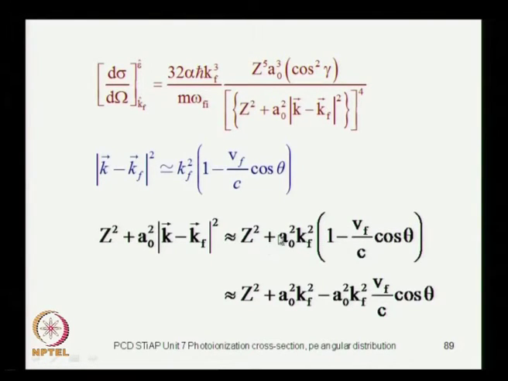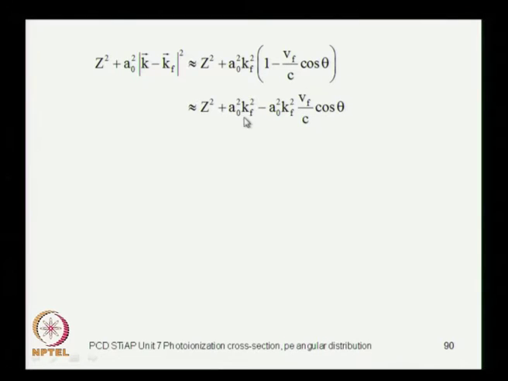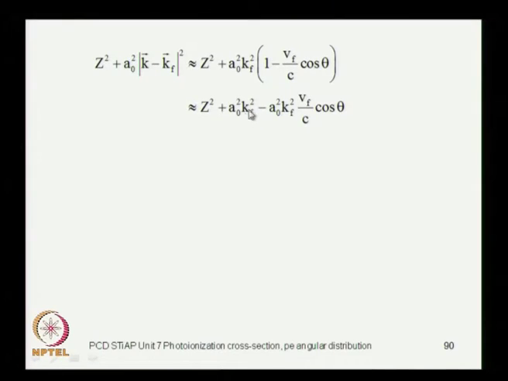So, you have got 1, 2 and 3 terms on the right side. But then this kf, which is proportional to the momentum of the ejected electron, and this momentum is very high, okay, because we are working within the premise of the Born approximation.